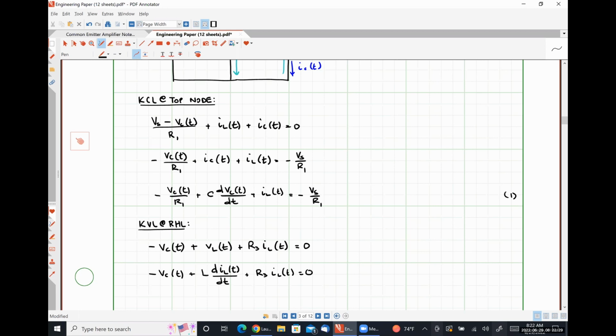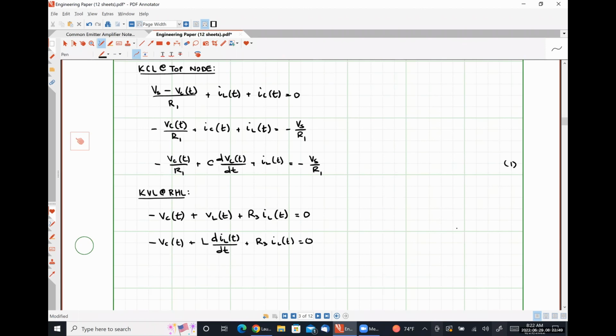I am choosing to manipulate this KVL at our right-hand loop equation simply because algebraically it's going to be slightly easier, because I don't have to carry that constant term around. That's the only reason I'm doing this.